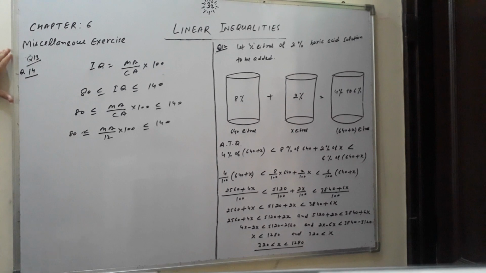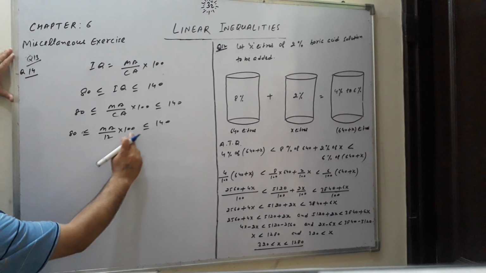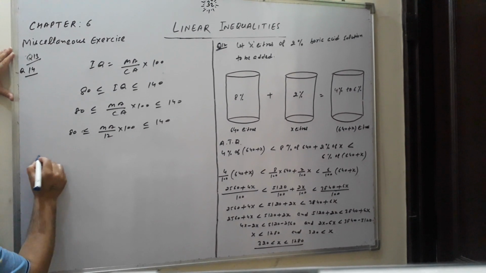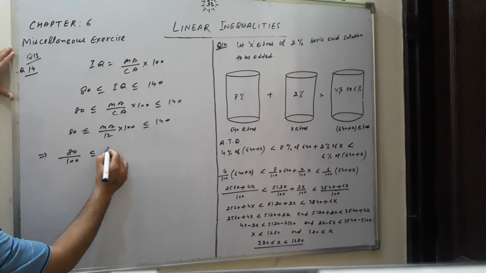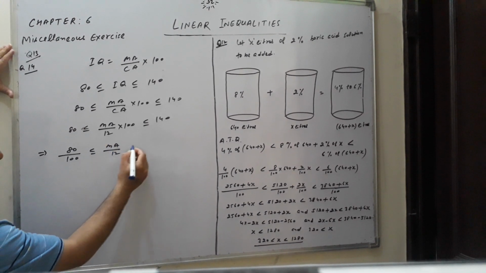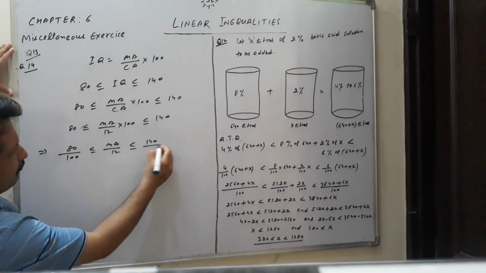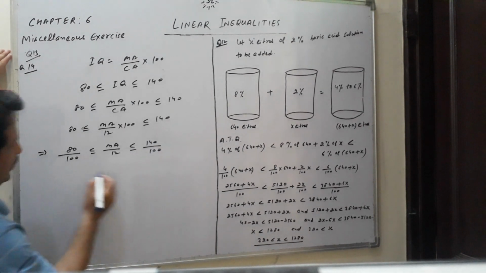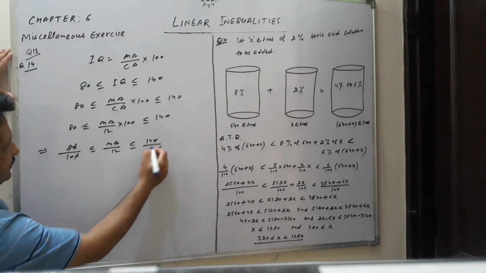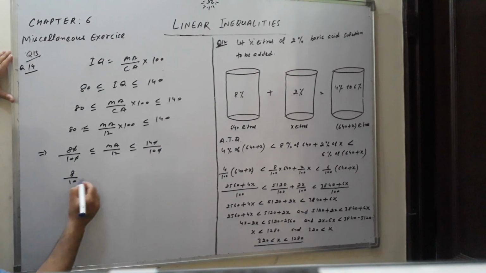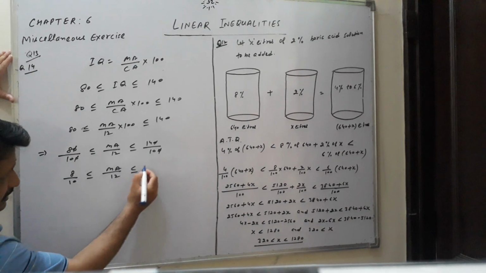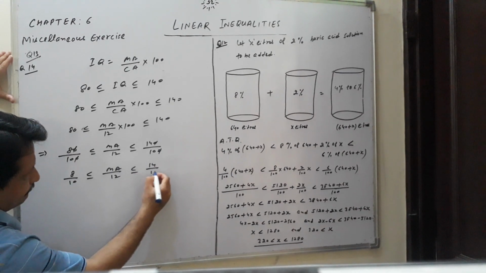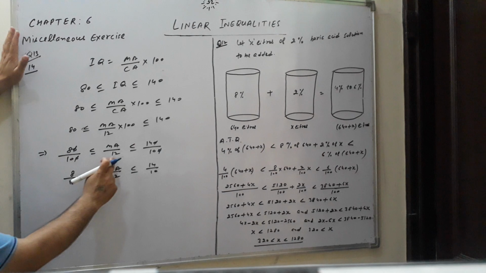First of all I am going to remove this 100. So this implies that 80 divided by 100 is less than or equal to MA upon 12 is less than or equal to 140 upon 100. So it will come as 8 by 10 is less than or equal to MA by 12 is less than or equal to 14 by 10.